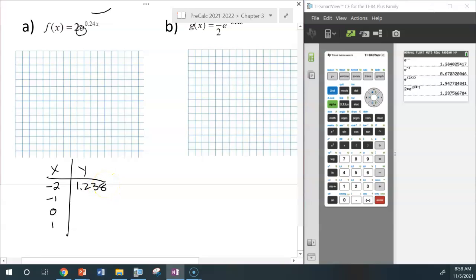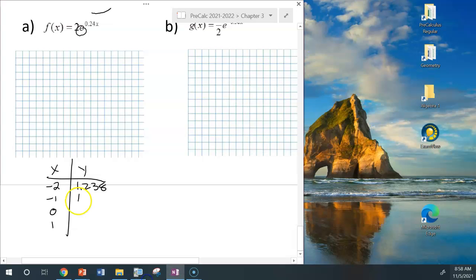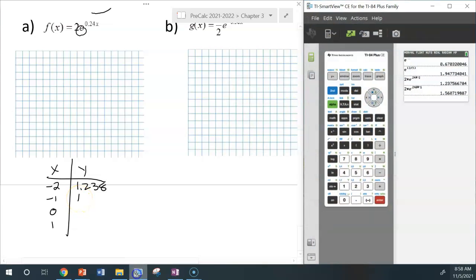I'm going to go back in and do the same thing, this time with -1. Here's a shortcut. Arrow up to here, press enter, and I'm going to back up, and instead of doing -2, I'm going to do a -1. So 0.24 times negative 1. And I get 1.561. I know anytime I put 0 in an exponent, I'm just going to get 1.